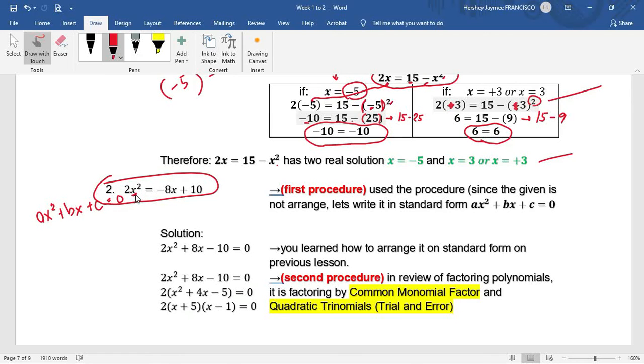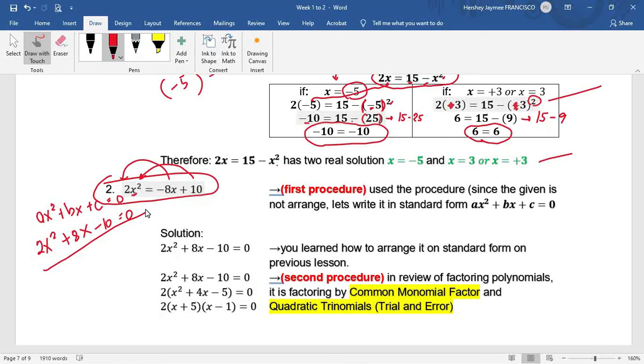The quadratic term is already on the left, so you just copy it. The linear term must be moved to the left, so you transpose it, following the quadratic term, plus, of course, its sign changes, it becomes positive, 8x. The constant also needs to be on the left, so you transpose it, so you have negative 10 is equal to 0. Okay, it is now in standard form.